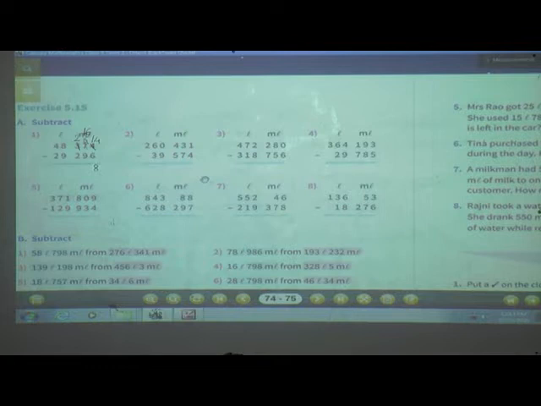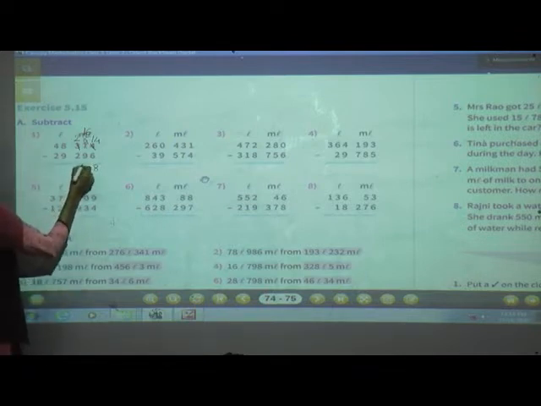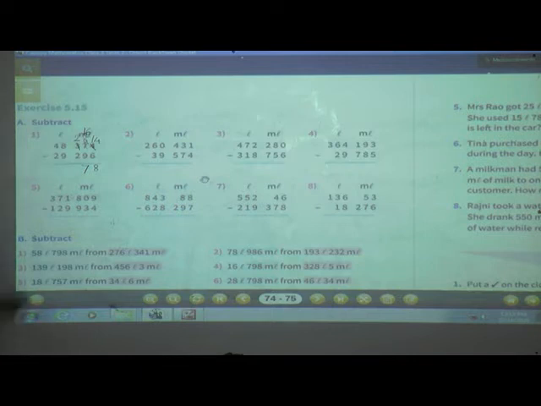Now 16 minus 9. After 9 you have to count your fingers till 16. 16 minus 9 is equal to 7. Correct. So write here 7. Then see this column. Here 2 minus 2, 0.